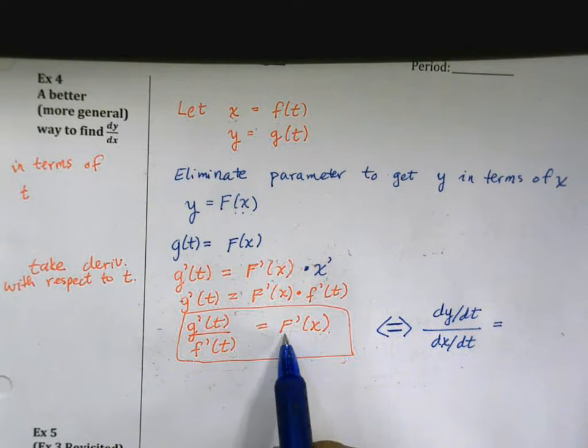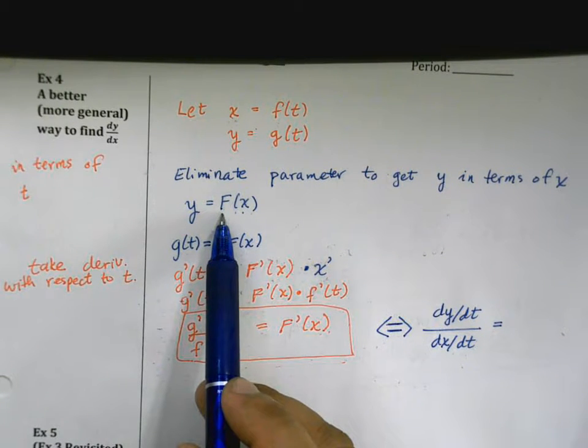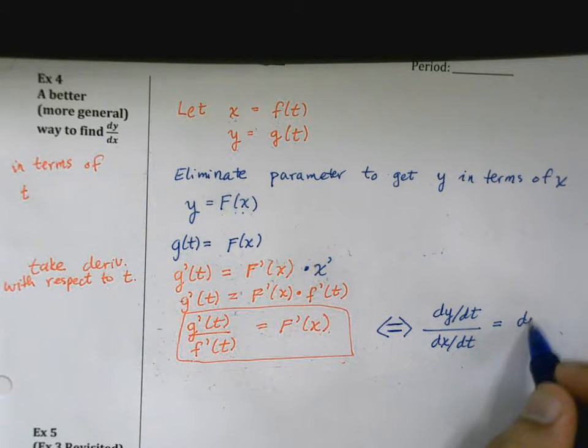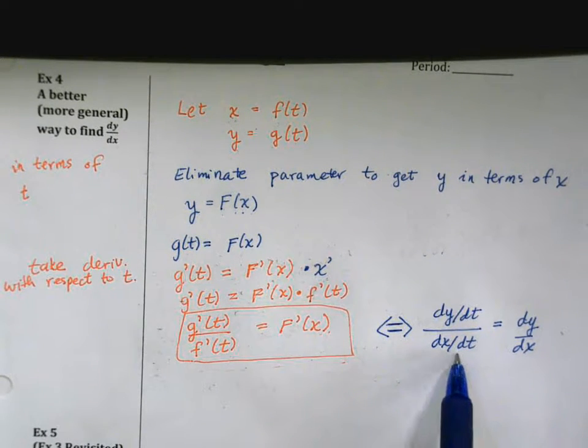And over here I get big F prime of x, but F is really just a function relating x and y, so this is like saying dy/dx. Okay, so this version here is what you're most likely to see in textbooks and perhaps even on exams.